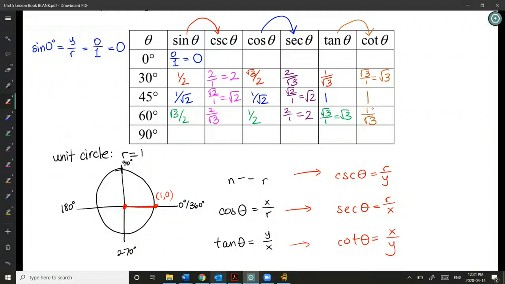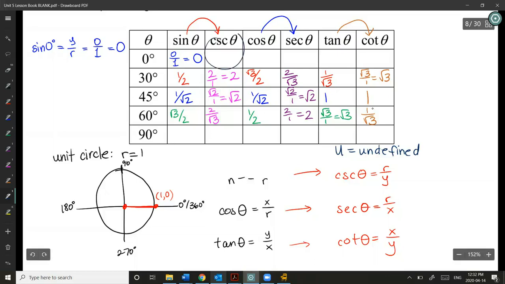So the interesting thing about some of the reciprocals when we're dealing with 0, 90, 180, 270, and 360 is that some of the reciprocals can potentially be undefined. So just as a little legend here, I'm going to use U just to represent undefined for this table. So let's think about this. If I do the reciprocal of 0 over 1, I get 1 over 0.